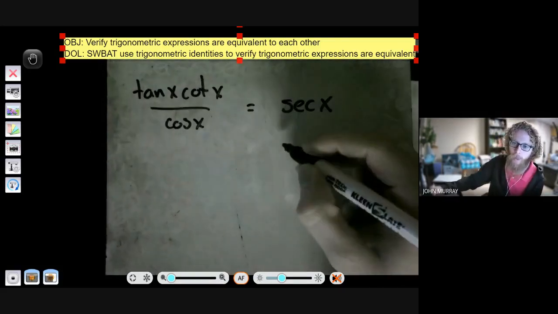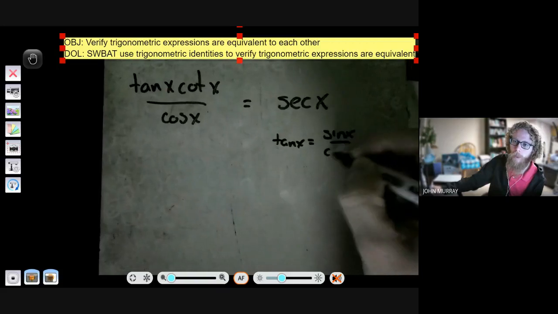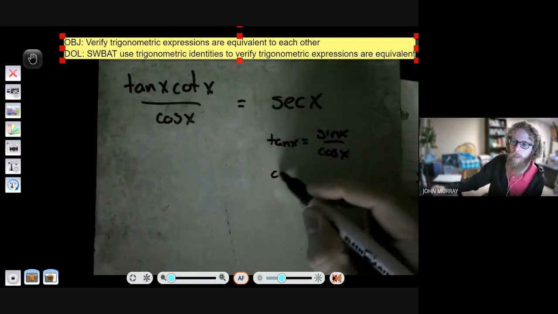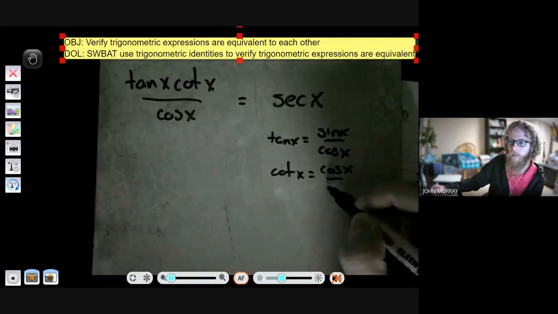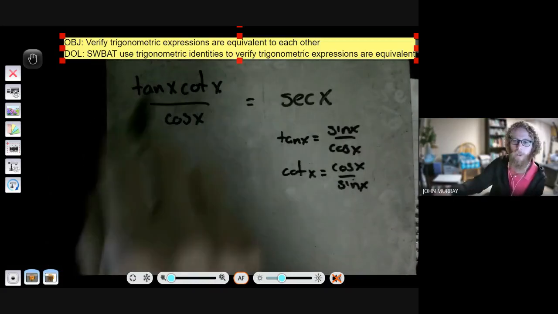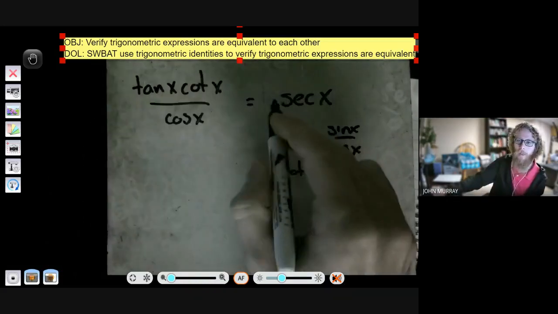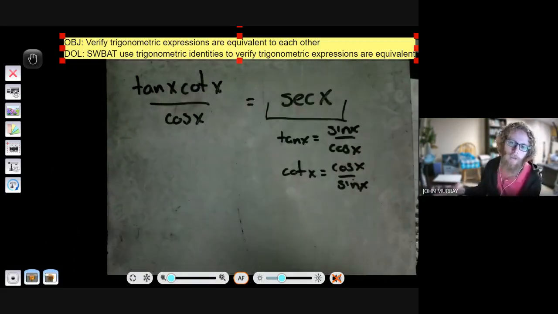We know that tangent is sine over cosine, and cotangent is cosine over sine. So I can change both of those. I'm going to leave this side alone. This side is going to stay secant x, and hopefully we'll match that.